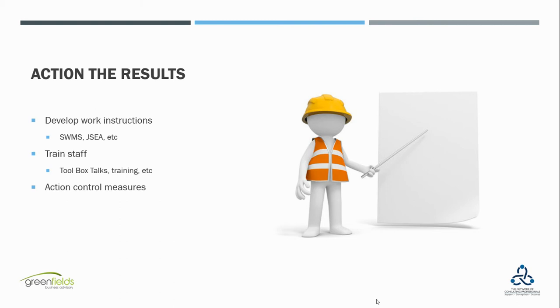We need to put in place some action control measures. It could be some engineering, change chemicals instead of others, using protective equipment. And we need to measure and improve the way we go about it. So review effectiveness of those SWMS and instructions, etc., and improve them if they're needed.